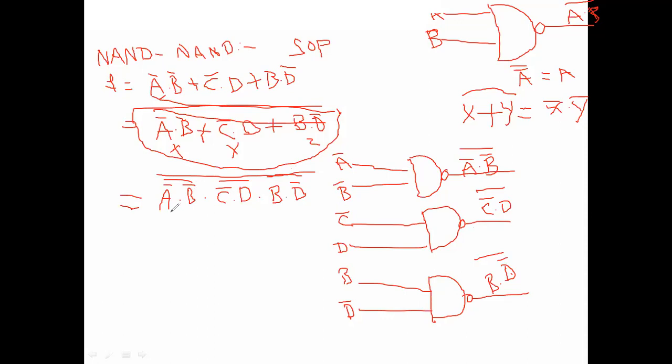For all these terms, this is one term, this is another term, this is another term. Which operation is there in between? Dot operation is there. That means AND, and the bar is also there, that is the complement is also there. That's why these three will be inputs to another NAND gate.